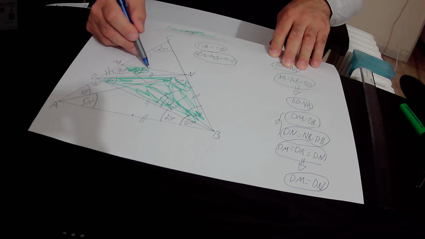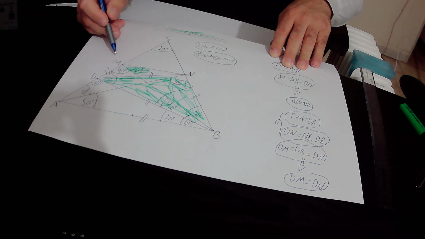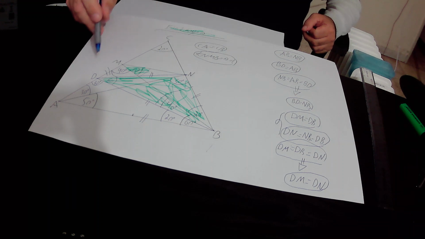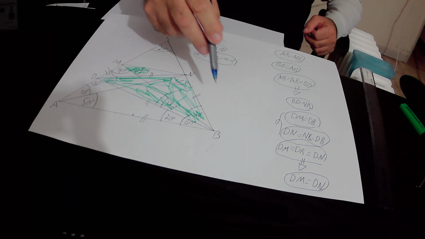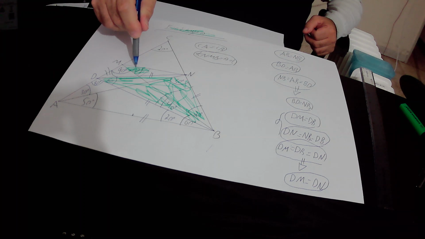This is the big angle DMN, equal to 70 degrees. So the big angle NMD or DMN, 70 degrees, minus the small angle BMD, equal to 40 degrees, must be equal to the missing angle, angle theta, that is the angle we are looking for.